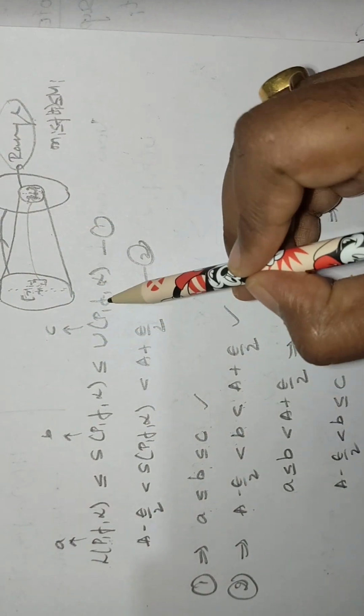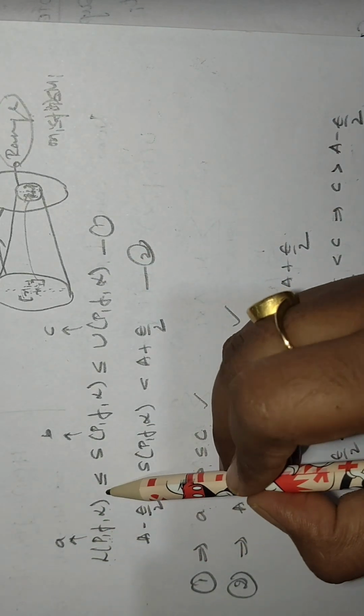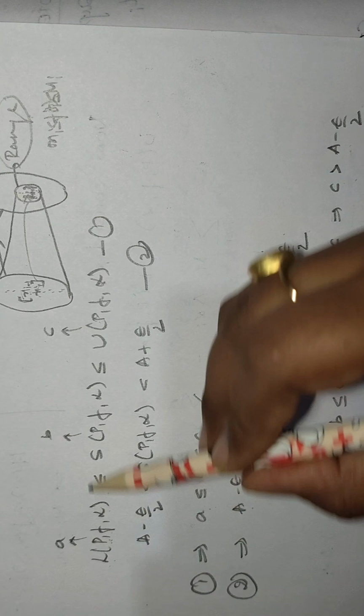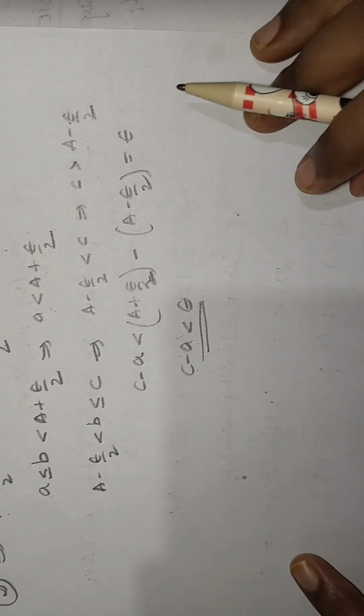Okay, so here c minus a is less than epsilon means what? What is c actually? C is U of P comma f comma alpha, and what is a? L of P comma f comma alpha. That is, c minus a means U of P comma f comma alpha minus L of P comma f comma alpha is less than epsilon.